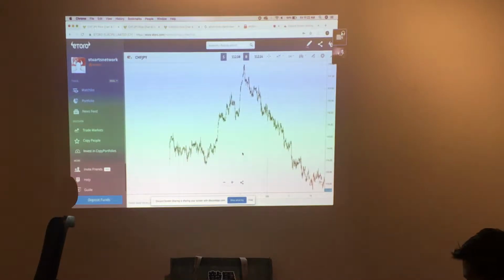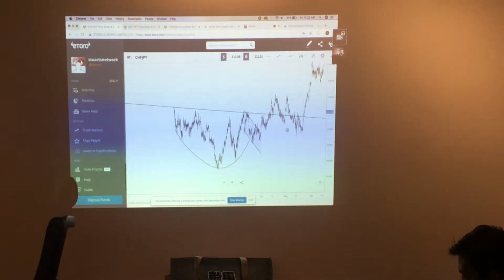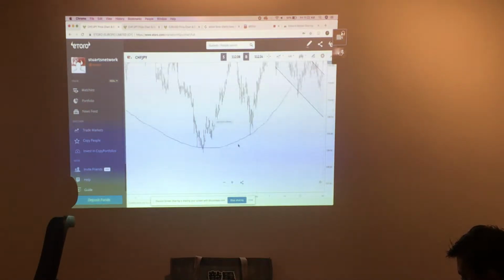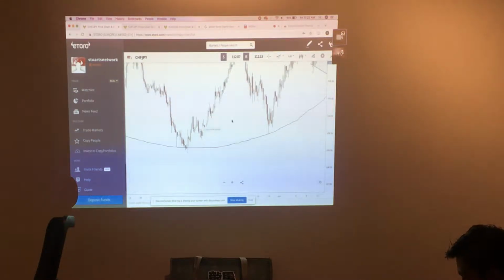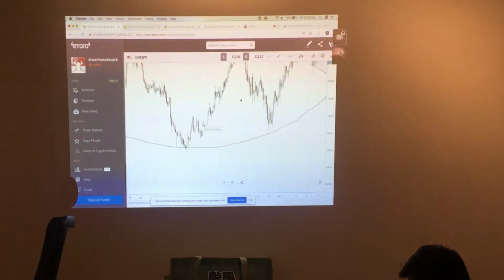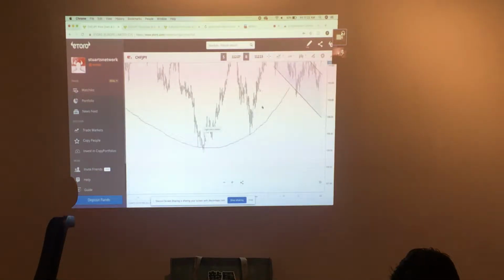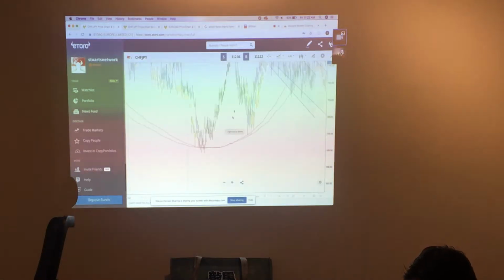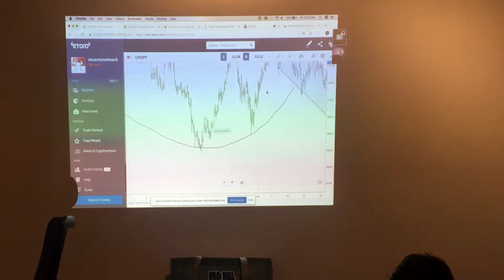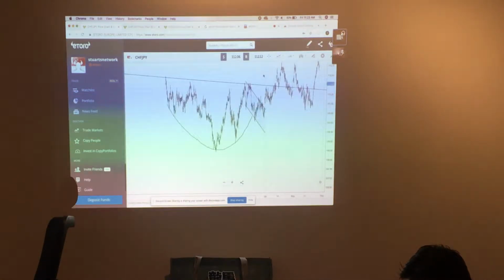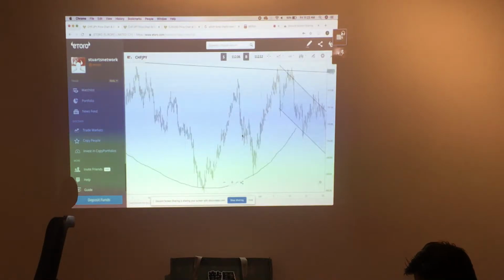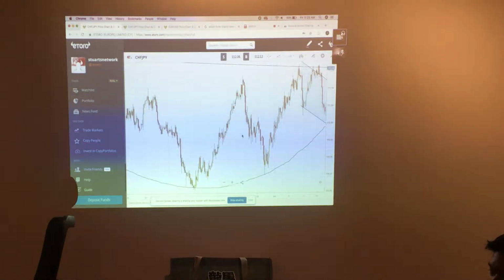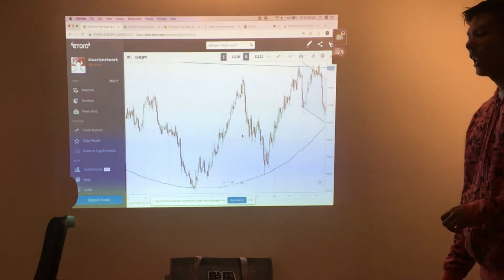Oh, I cannot scroll beyond it, but if I were to zoom in around this range, I can't really see any cup and handle formation happening.